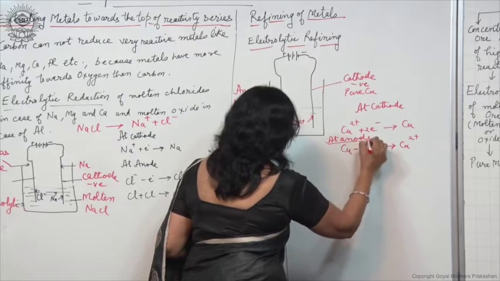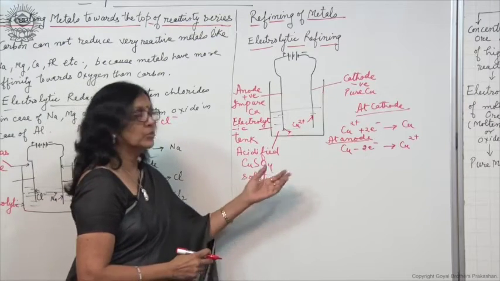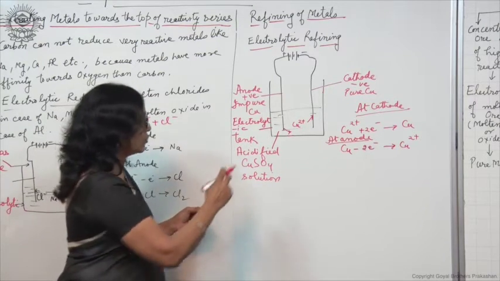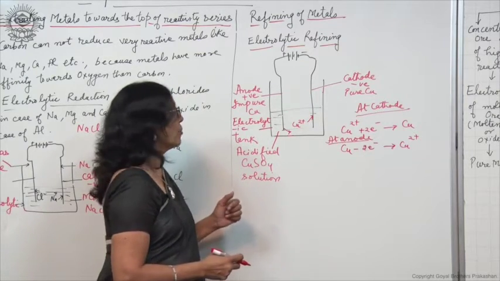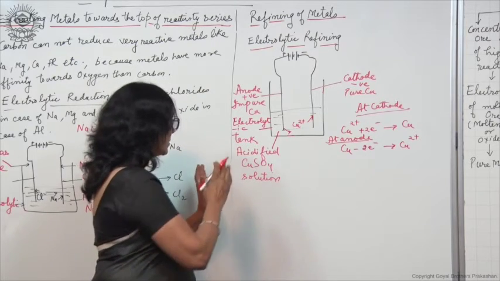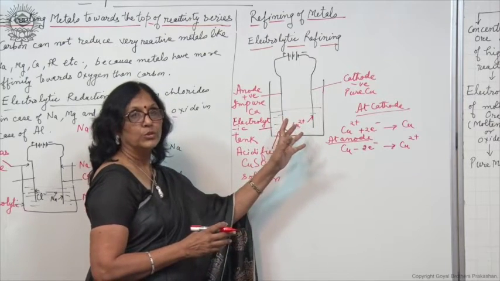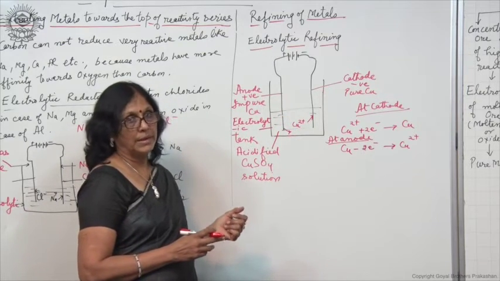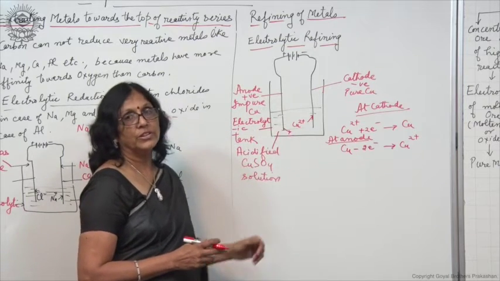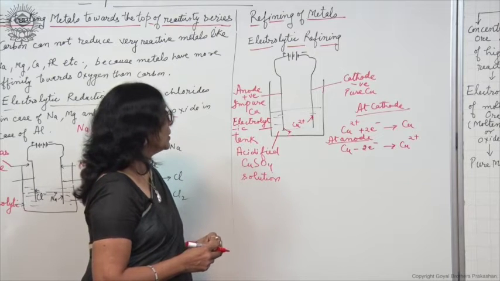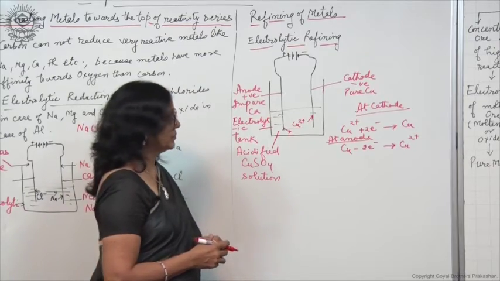At anode, copper loses 2 electrons and forms copper ions, and these copper ions then move towards cathode and on accepting 2 electrons form copper. So, gradually, as electrolysis continues, cathode becomes thick due to the deposition of pure copper metal, and anode becomes thin because copper is continuously dissolving in the solution. So, this is how we can get the pure form of metal.